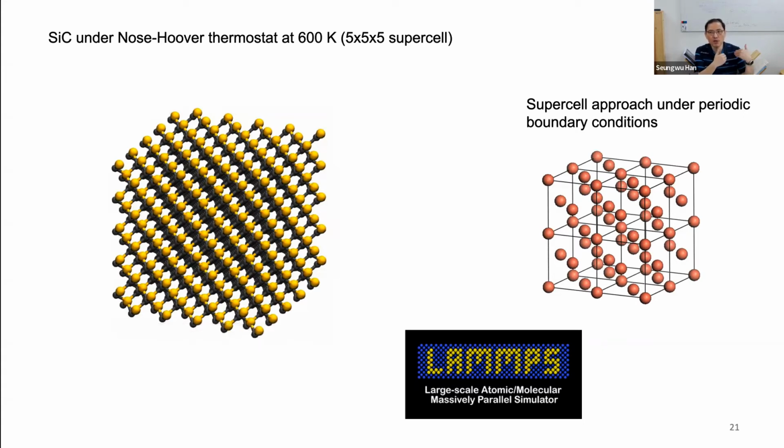We applied periodic boundary conditions, and therefore the simulation box is repeated in every direction, in three dimensions, and therefore it is essentially an infinite system with periodic boundary conditions. And we have used the LAMMPS package for the MD simulation. So this is 600 Kelvin. You can see a small vibration. Okay, so from the simulation, you have the trajectory of the atoms.